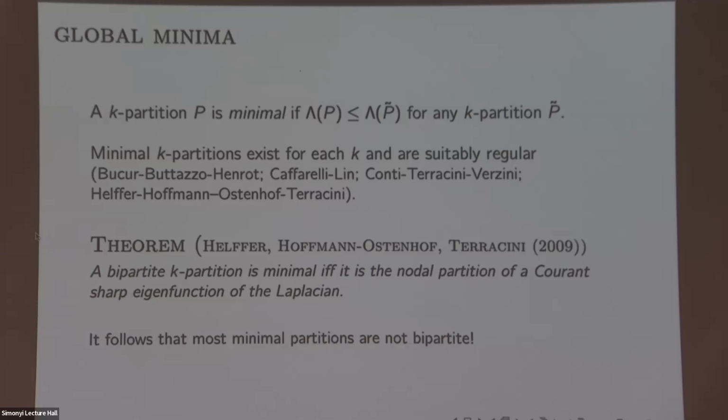A good comparison is Sturm-Liouville theory for ODEs in one dimension. The nth eigenfunction has n minus 1 zeros, so it divides up the interval into exactly n nodal domains. So in one dimension, we have equality, psi n has exactly n nodal domains. In 2 dimensions or higher, we just get an upper bound. There's at most n nodal domains for the nth eigenfunction.